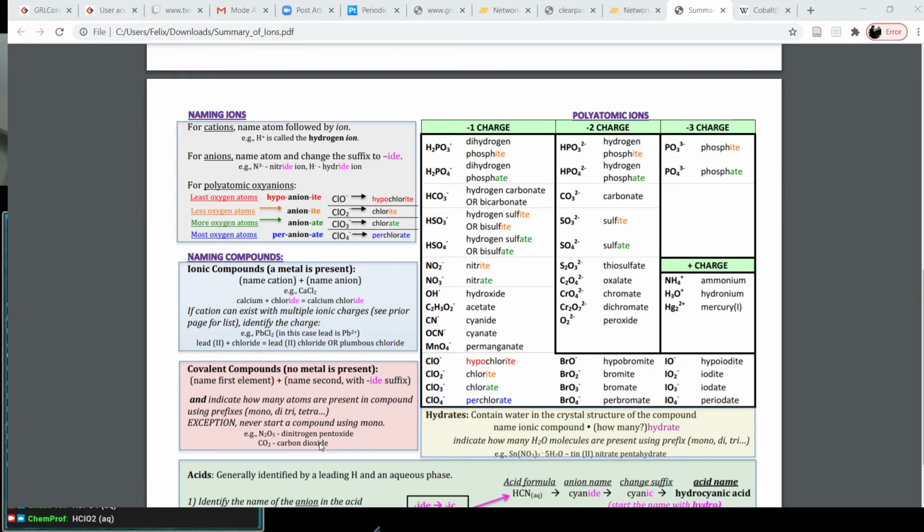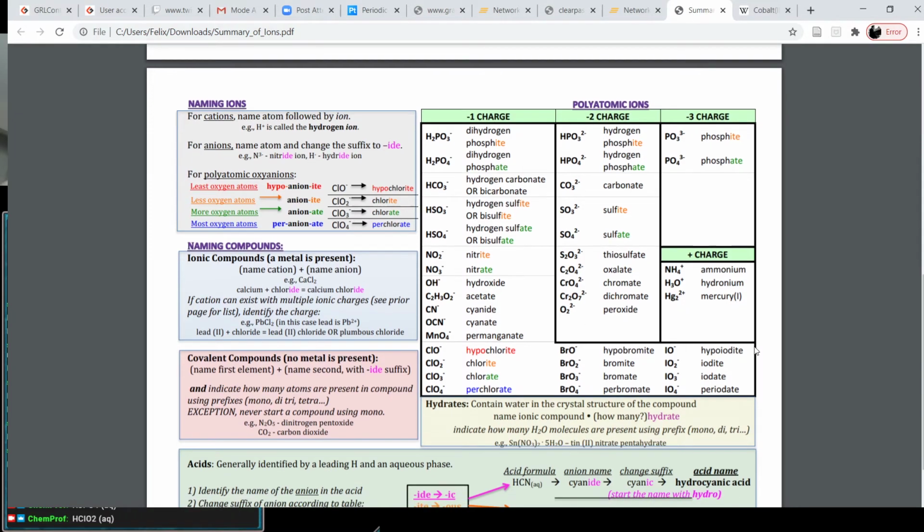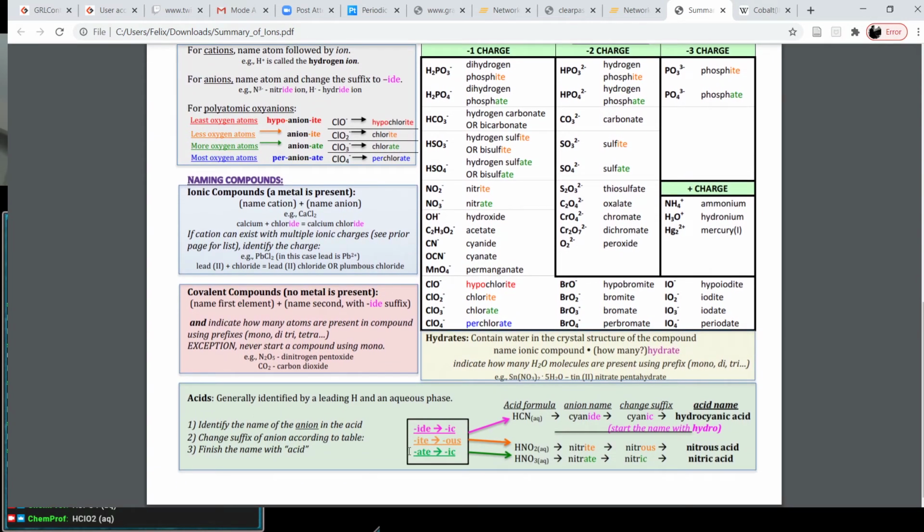While you're working on these, you can have that for easy access. And just so you know also, all of these acid rules are down here at the bottom. So again, easy access for us.